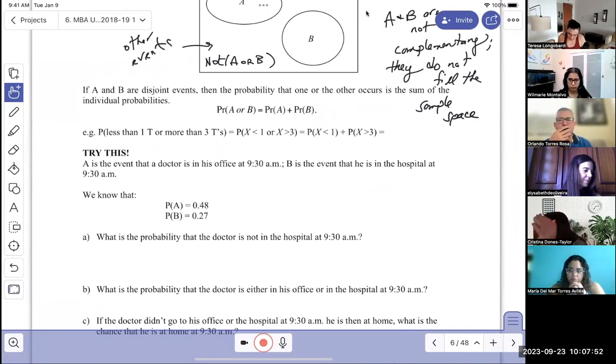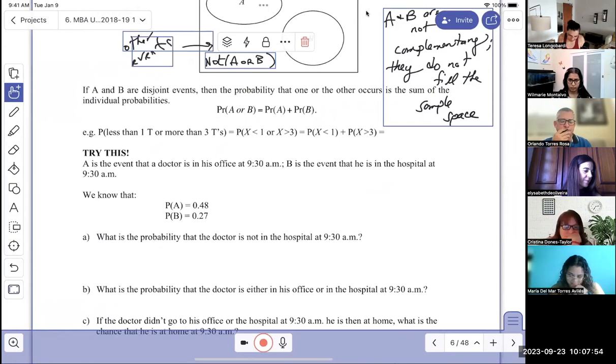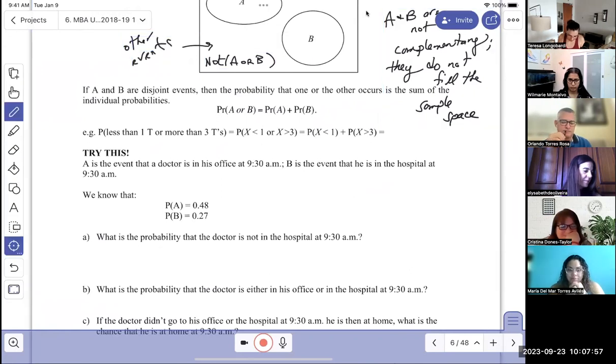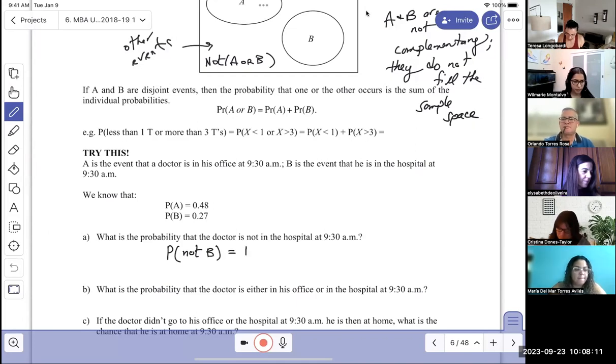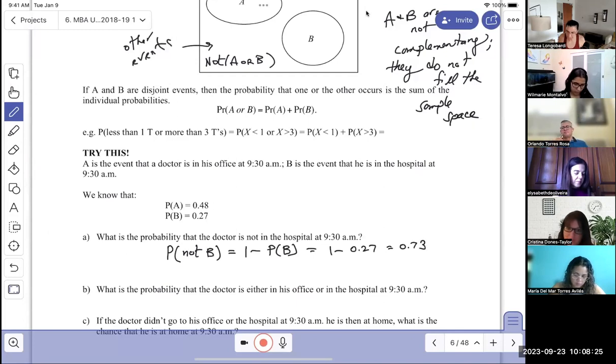Probability of not in the hospital. Hospital was B, right? Yes. So not B is 1 minus the chance of B. And so that's 1 minus 0.27, so it's 0.73. Any questions?